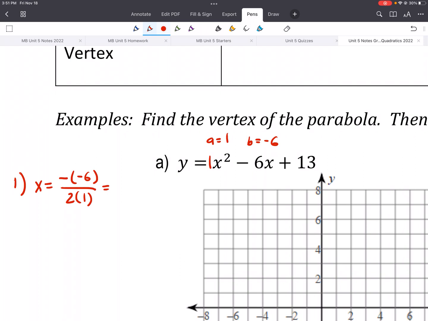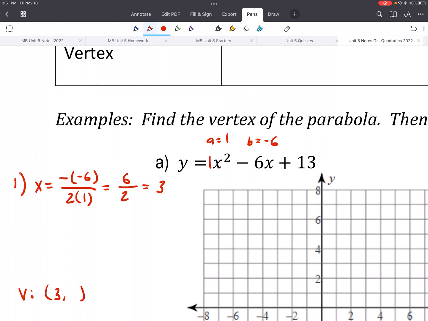We simplify the top, that's 6. Simplify the bottom, it's 2. And then simplify the fraction. How many times does 2 go into 6? 3 times. Okay, so what we're looking for here is the vertex. That would be 3 comma something.